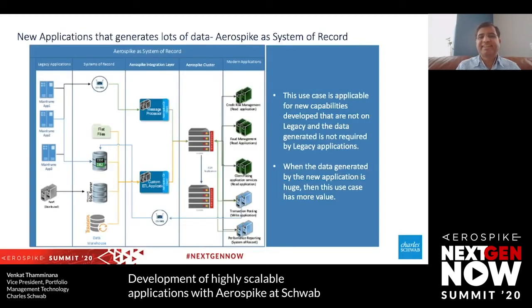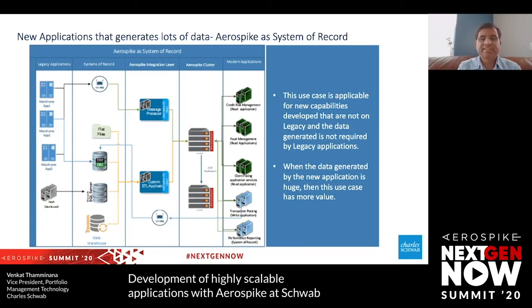The next slide is an extension to both the use cases. When we are building new capability which is not supported on legacy, that's when this use case would be applicable. So we don't need to write to legacy anymore, because this functionality is not there in legacy.